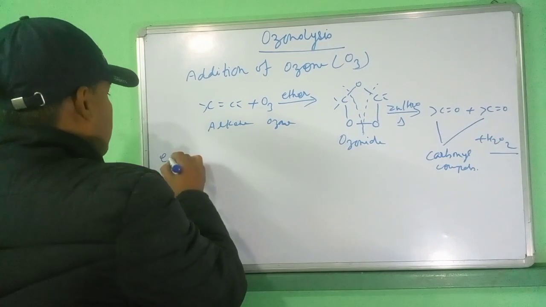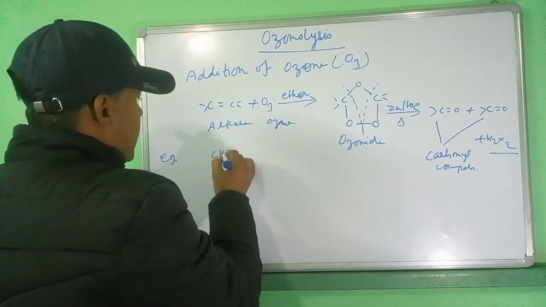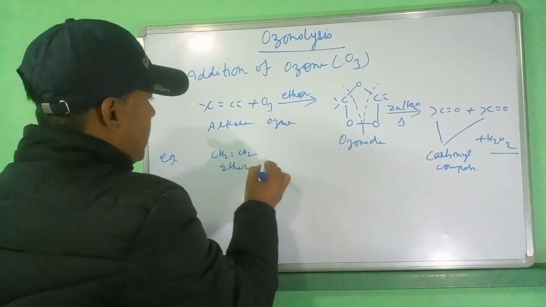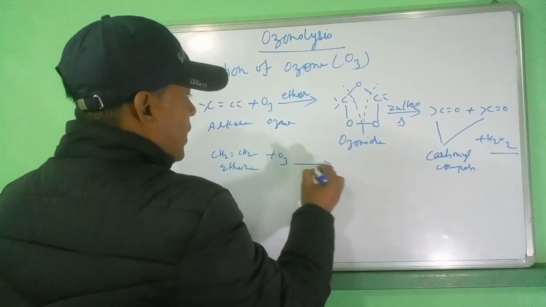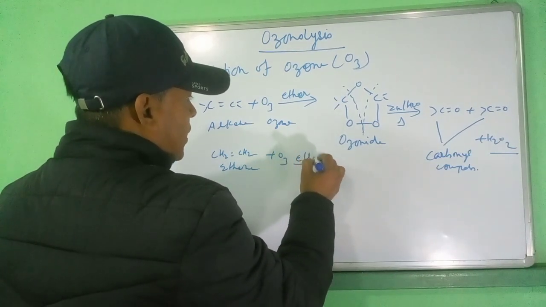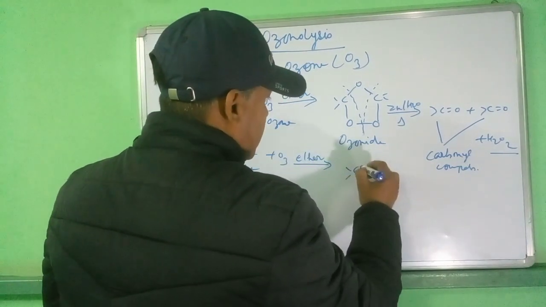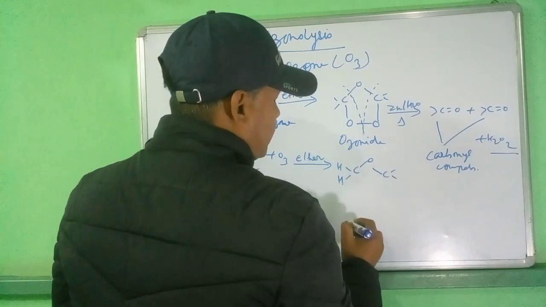Now, for example, here the alkene is ethene, CH2 double bond CH2. Then O3, ozone, in ether. We get the ozonide with this type of structure.